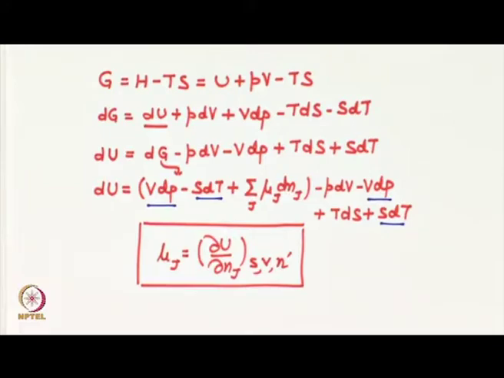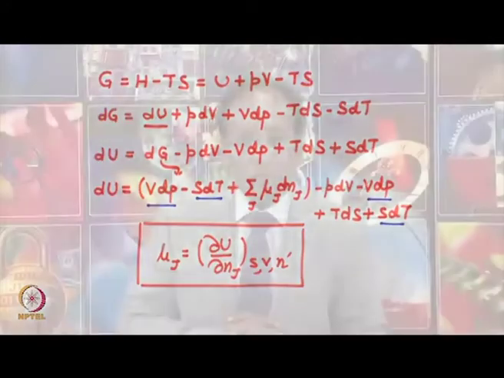So, you see, we have been able to establish a relation between the chemical potential and changes in internal energy. So, these intensive properties you see are getting connected to chemical potential through the changes in composition. In other words, it also tells that these intensive properties do depend upon the composition of the system.